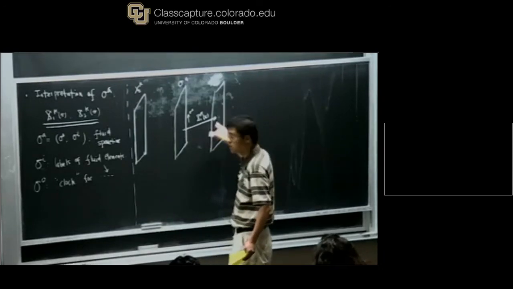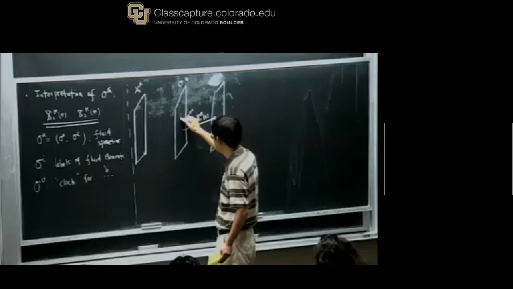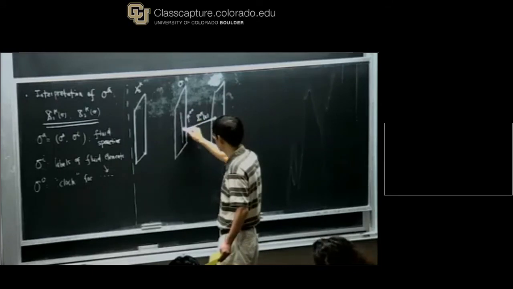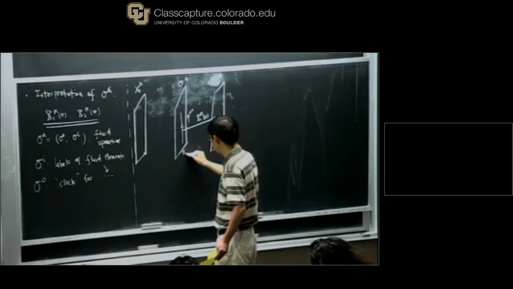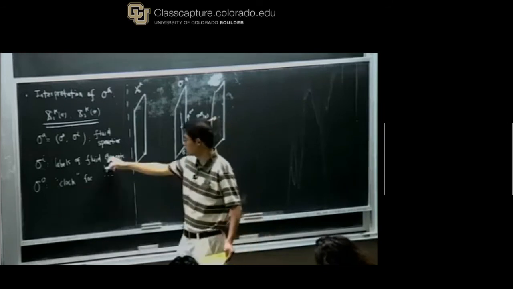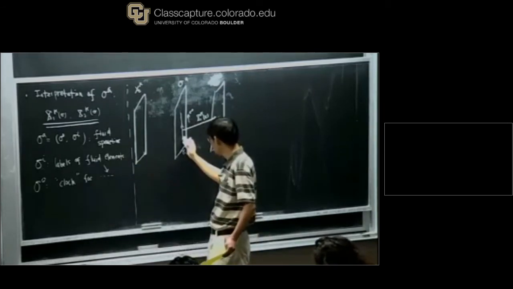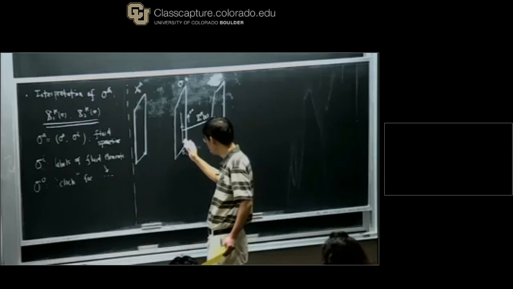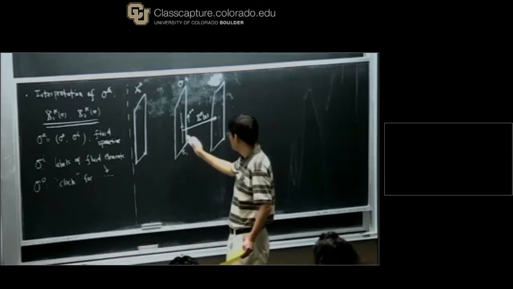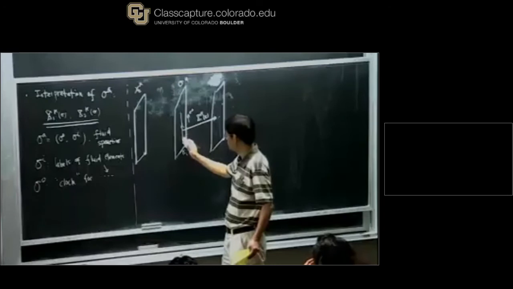In particular, let's imagine a situation where you fix sigma I. That means you follow a particular fluid element, and then you change sigma 0. This is just the world line of the fluid element.